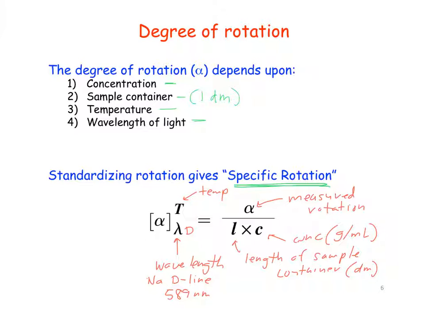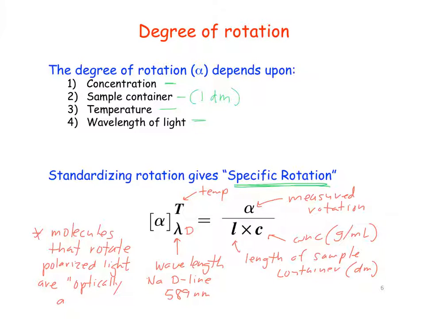So molecules that are chiral that rotate the plane of polarized light are called optically active. So an achiral molecule will be optically inactive.